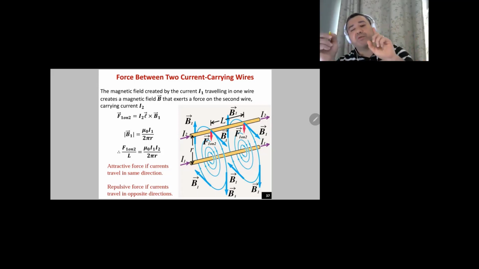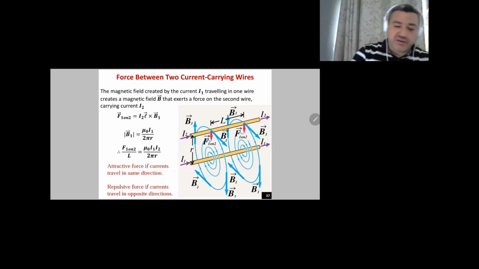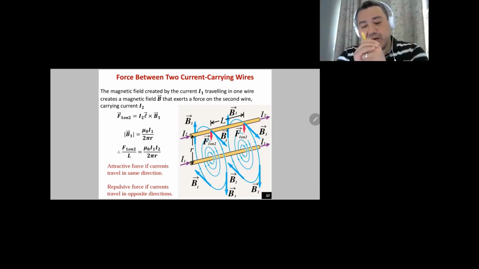In both cases, you will have I1 times I2. If you recall the electric force due to two charges, both charges contribute to that force, and this is exactly what's happening here. Both currents are contributing to this force.